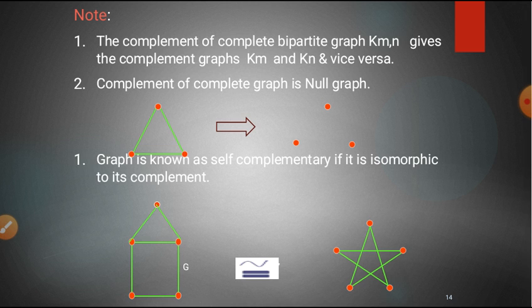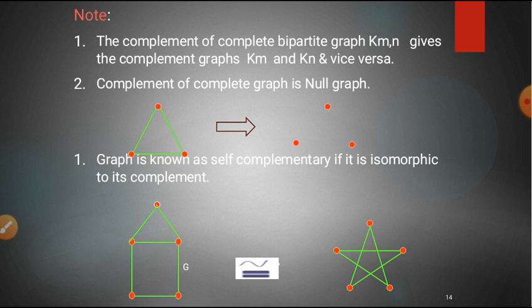Okay, now the second point is that the complement of a complete graph is a null graph. Of course, if we say a complete graph, it means all vertices should connect to all remaining vertices, a fully connected kind of graph. A complement graph says we cannot repeat the same connection or same edges again in another graph.